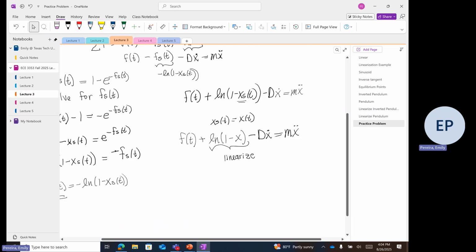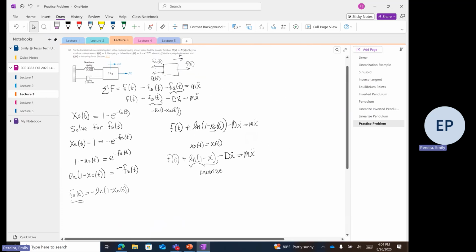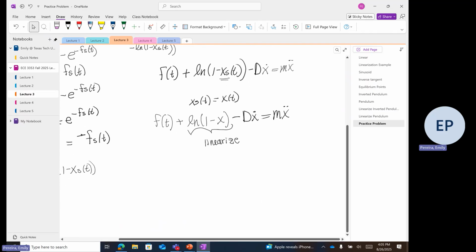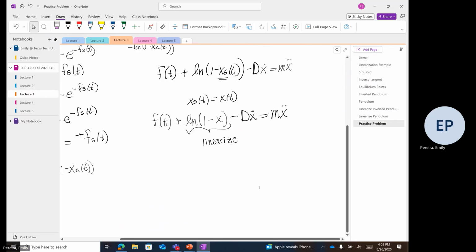Okay, so it took a little bit to get there, right? We had to find our free body diagram. We had to find the sum of the forces. We had to solve for this f of s. We had to replace x of s with x, and now we're ready to linearize. So first let's move all the x terms to one side.